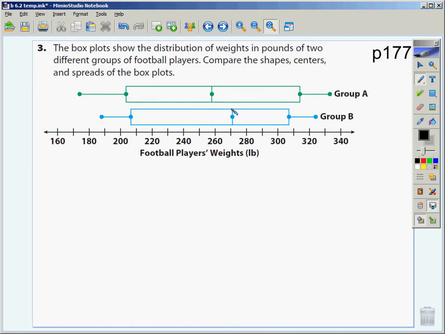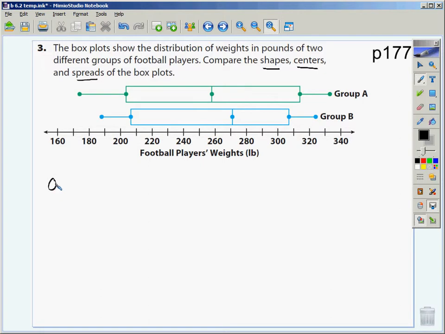Page 177. Here we're going to compare the shapes, we're going to compare the centers, we're going to compare the spreads. What can you tell me about the overall shapes? Lane? Okay.